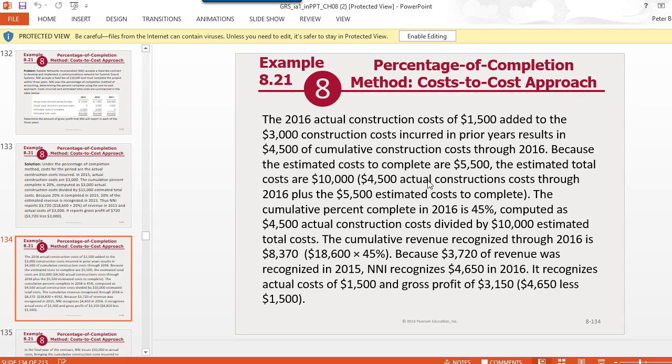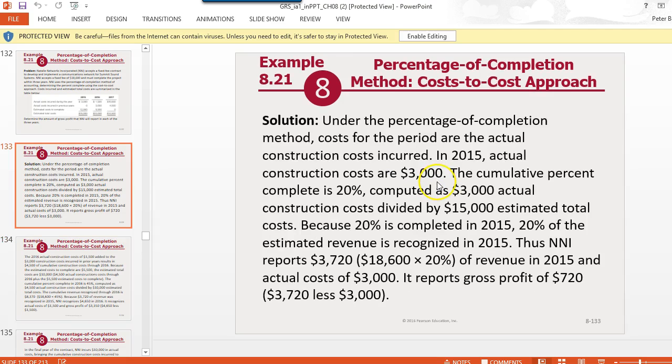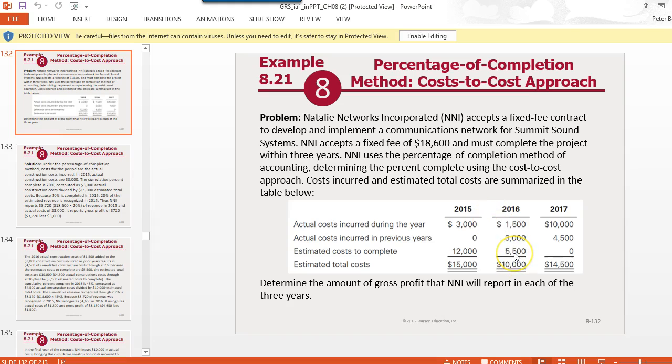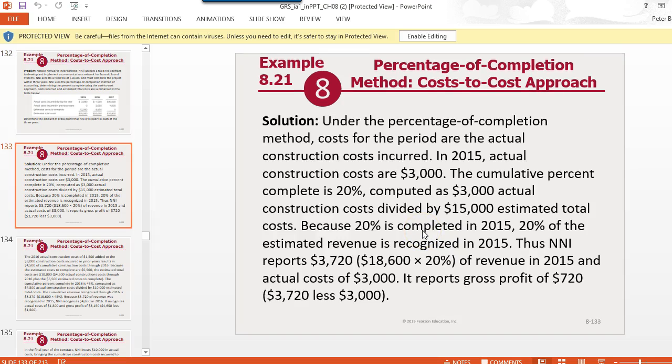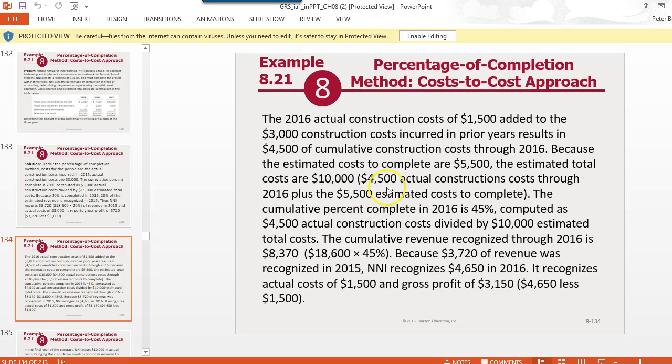Because the estimated cost to complete is another 5,500, which is given to you right here in the problem, our total estimated cost is 10,000 in 2016. So 4,500 actual costs plus the 5,500 gives us the total estimated cost. The cumulative percent completion in 2016 is 45% and is computed as 4,500 divided by the 10,000.